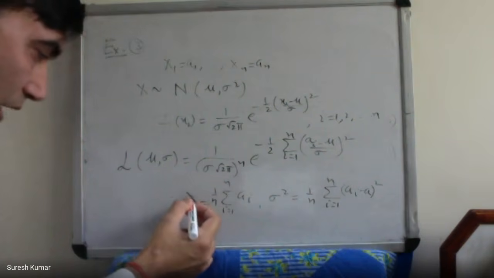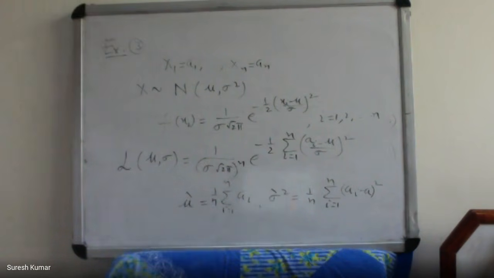So these are your ML estimates for mu and sigma square. Okay. So the main thing in the ML method is that you need to construct a likelihood function that gives the probability of your sample. So it depends on the problem. I have done 3 examples here. Similarly, you can practice more examples.